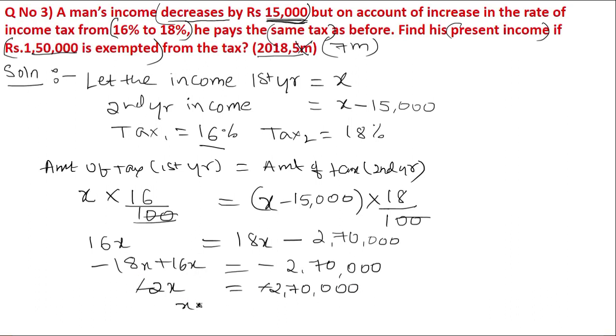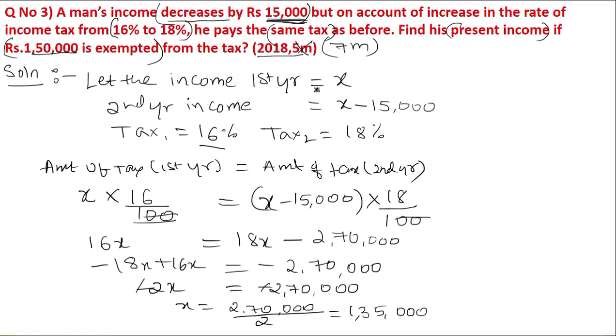So x is 2,70,000 divided by 2, which is 1,35,000. This is the income without exemption, the income for the first year.